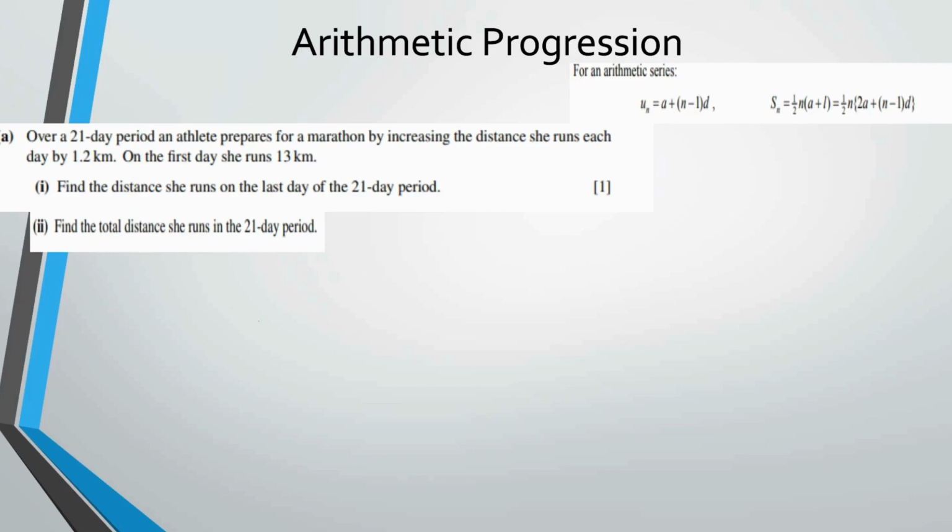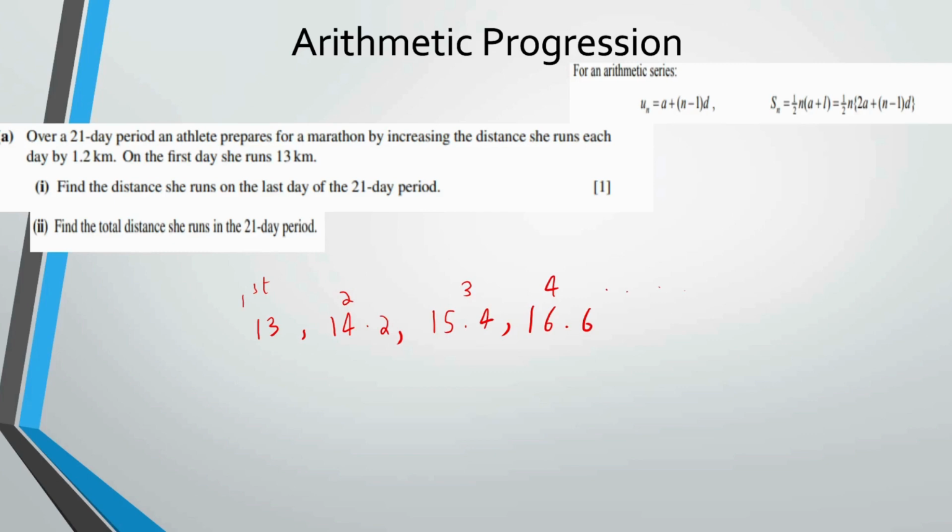On the first day, she runs 13 km. On the second day, it increases by 1.2, so 14.2, and it goes on: 15.4, 16.6. So first day, second, third, fourth, and so on.